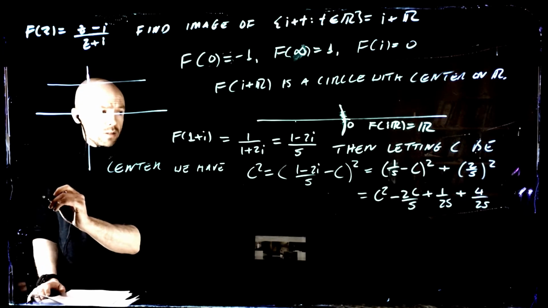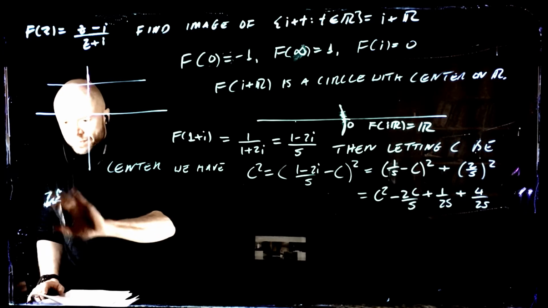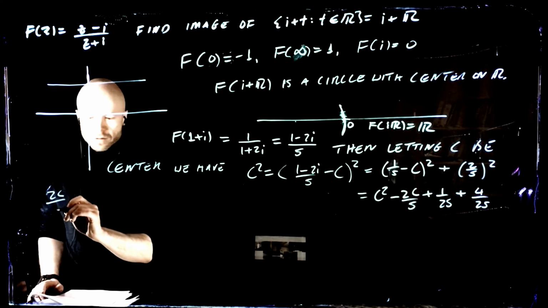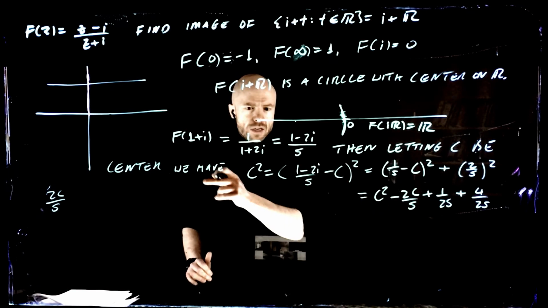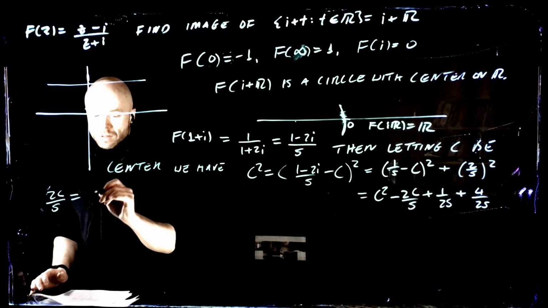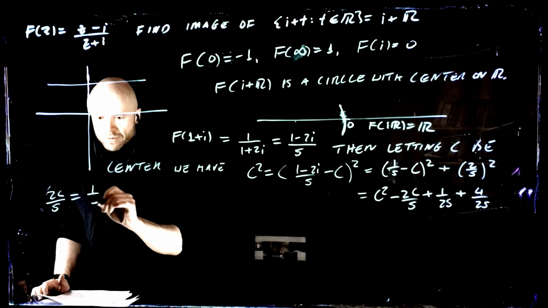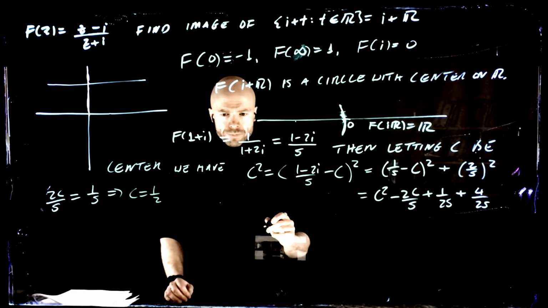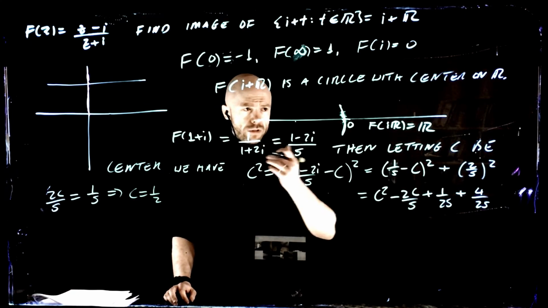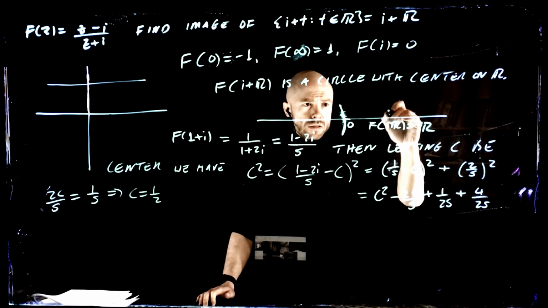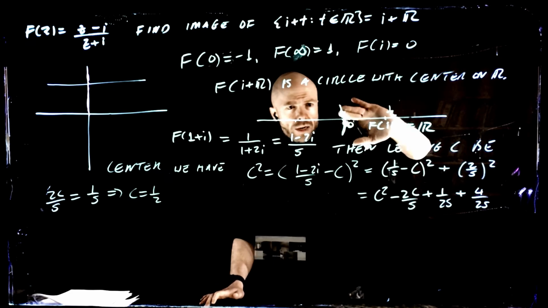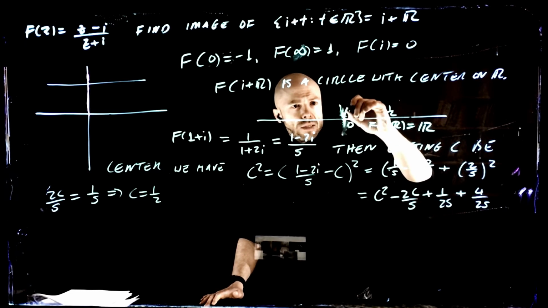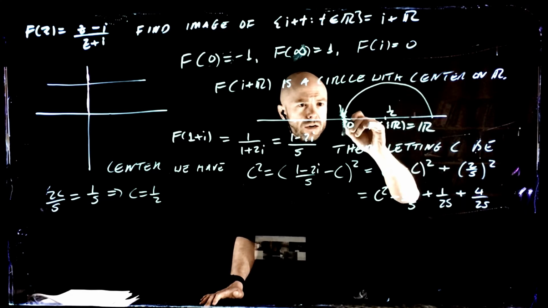So then that's going to give us 2c over 5, putting this guy on the other side, is equal to 5 over 25, which is 1 over 5, which implies that c is equal to 1 over 2, like this. No? So the center of the circle is at 1 over 2, so it's here. And the circle is actually curling the other way, like this, and its radius is also a half.